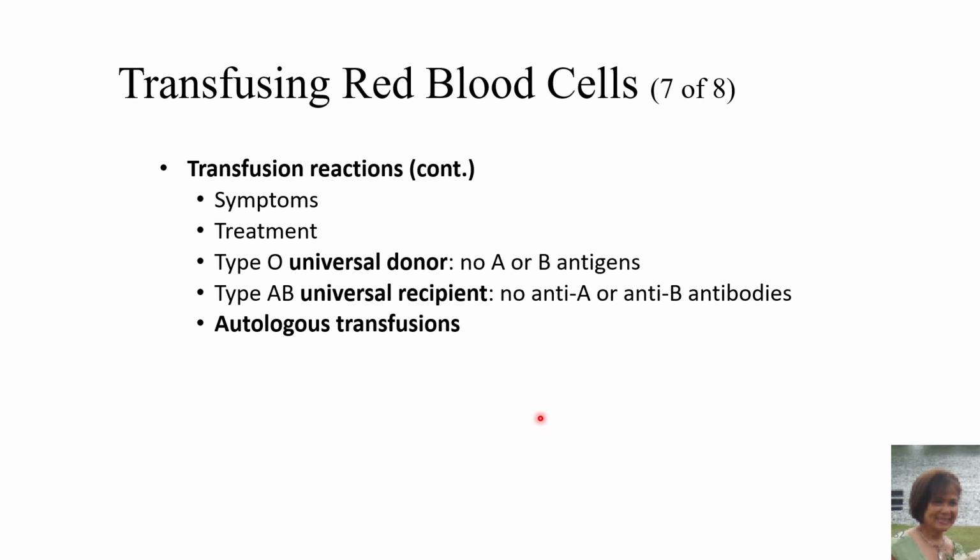Just know in your exam, you may be asked: blood type O is the universal donor. It will not have A or B antigens. Blood type AB is the universal recipient, and it will not have antibody A or antibody B.